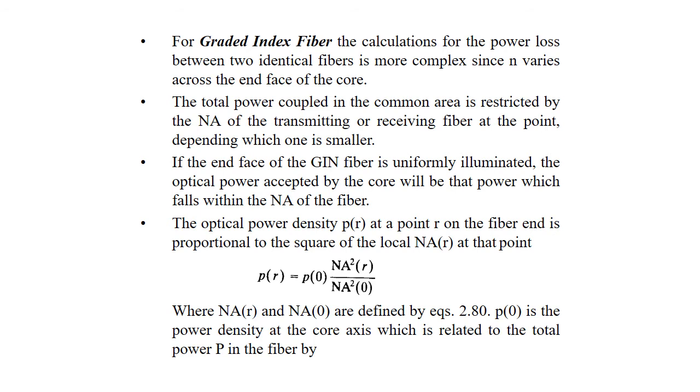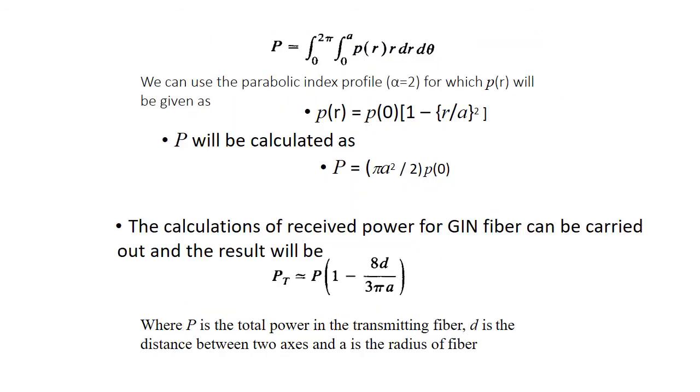Here NA(r) and NA(0) are defined, and p(0) is the power density at the core axis, which is related to the total power P in the fiber. That is P = ∫₀^2π ∫₀^a p(r) r dr dθ.